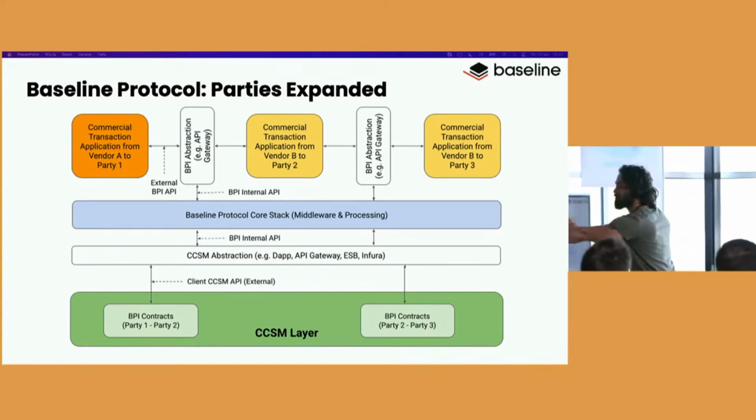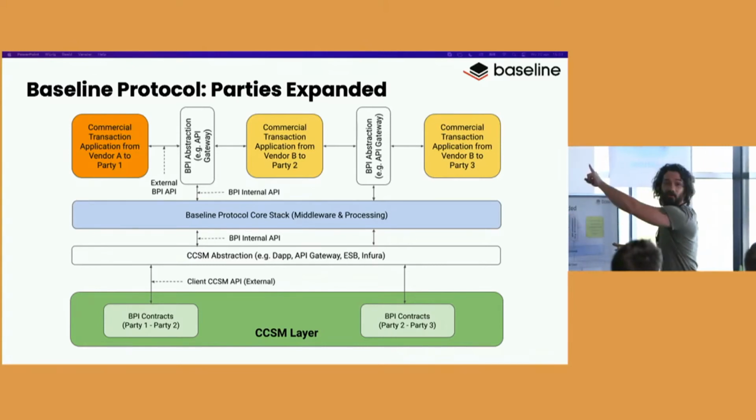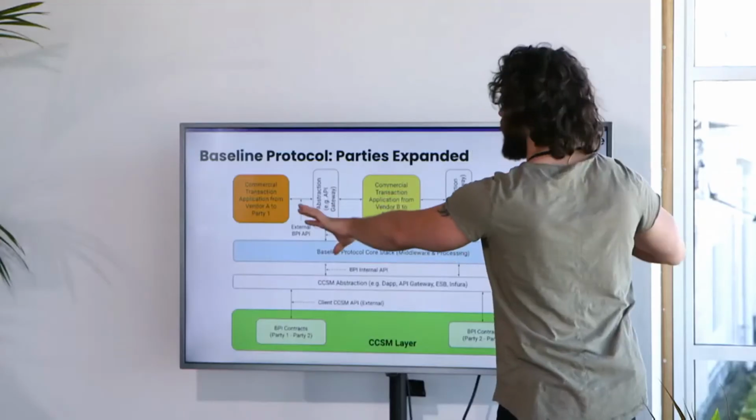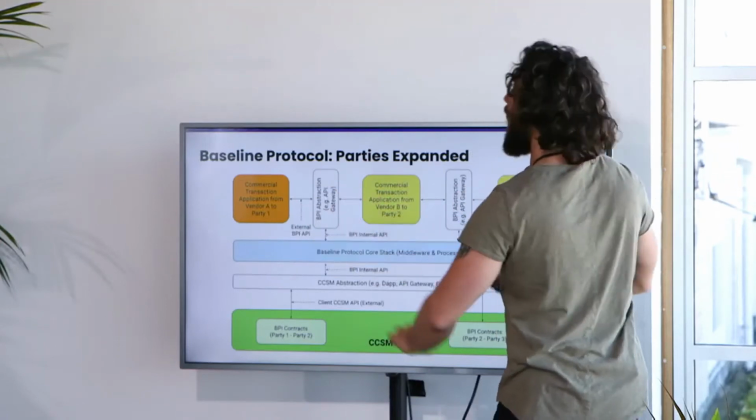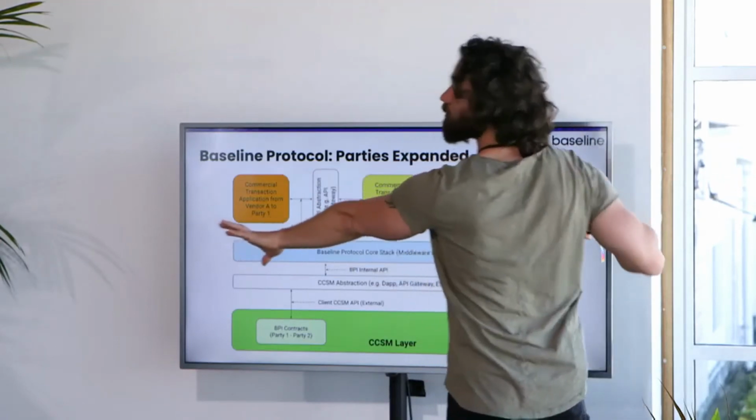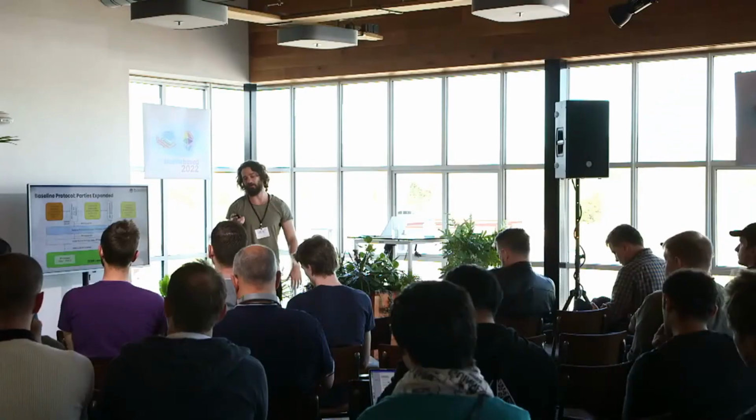Or they could be in separate work groups, as we saw in that original flow diagram, separate work groups within a single BPI, or even, as we'll see later, maybe multiple BPIs with BPI interoperability, right?